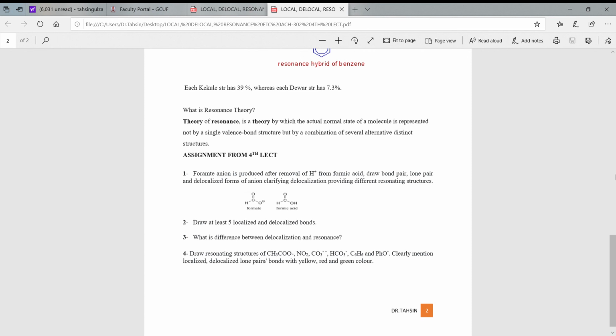And due to delocalization, benzene shows resonance because many resonating structures are possible.